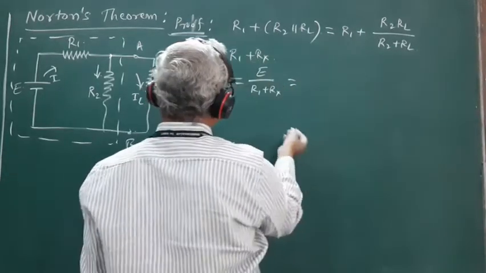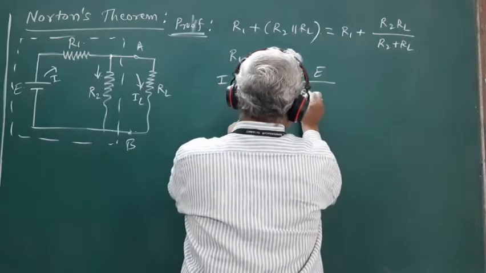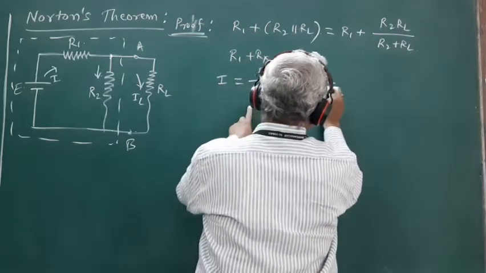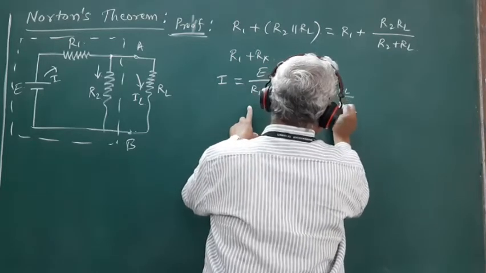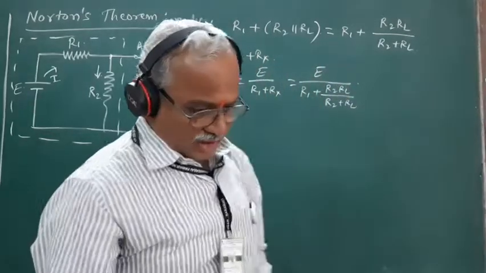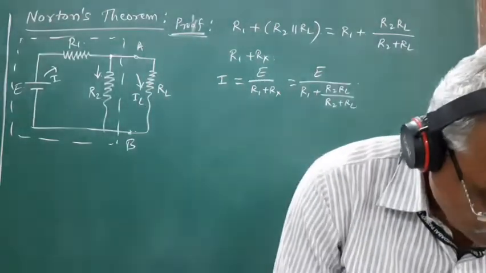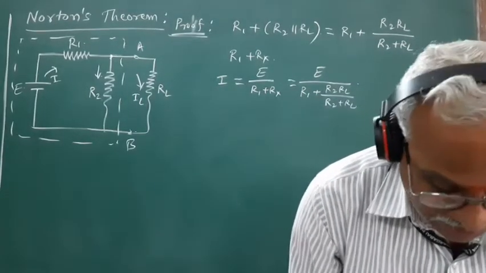So this is equal to E upon R1 plus R2 RL upon R2 plus RL. This is the total current I drawn from the source.